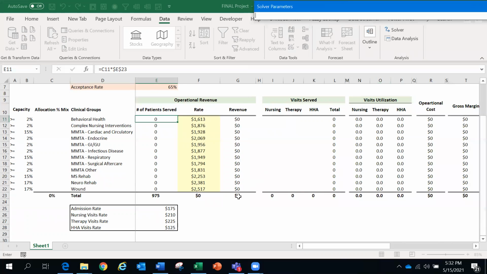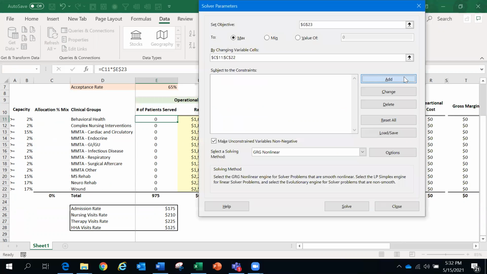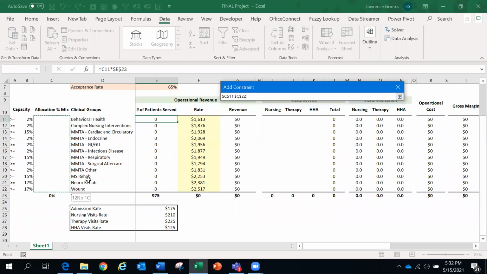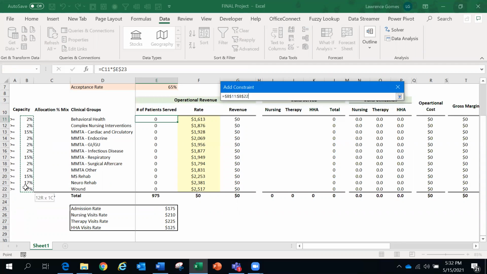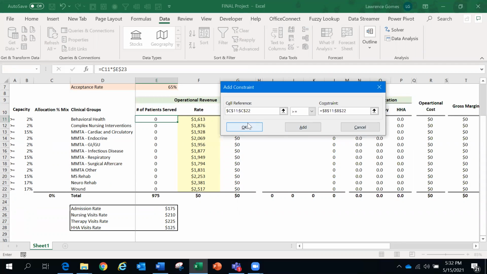So my set objective is first the revenue. My changing values would be the allocation mix. I want to use this mix based on the capacity or the guideline that has been provided. And my constraint would be the allocation mix must be more than or equal to the capacity guideline that I have been given.